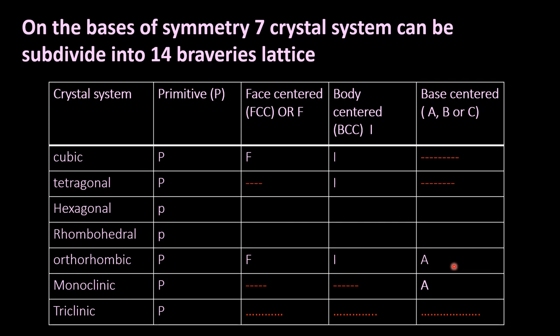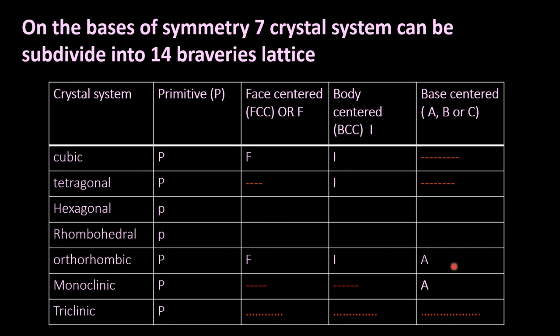So the orthorhombic crystal system has the base-centered Bravais lattice, and the monoclinic crystal system also has the primitive Bravais lattice and the A type base-centered Bravais lattice.